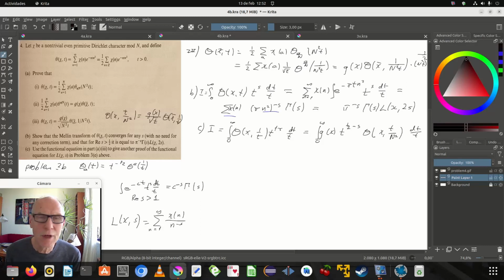And we use the sum over, reduce the definition, and exchange sum and integral.